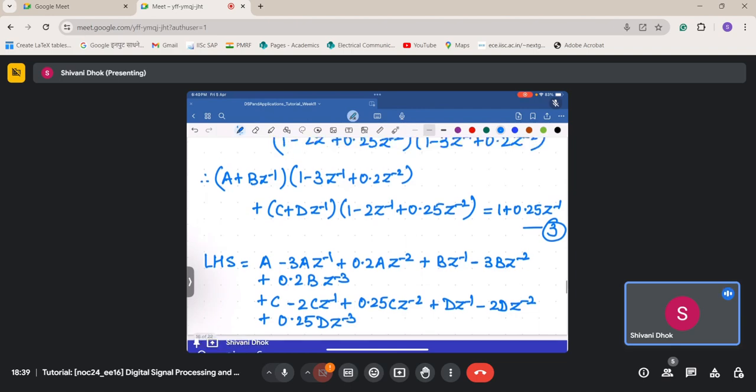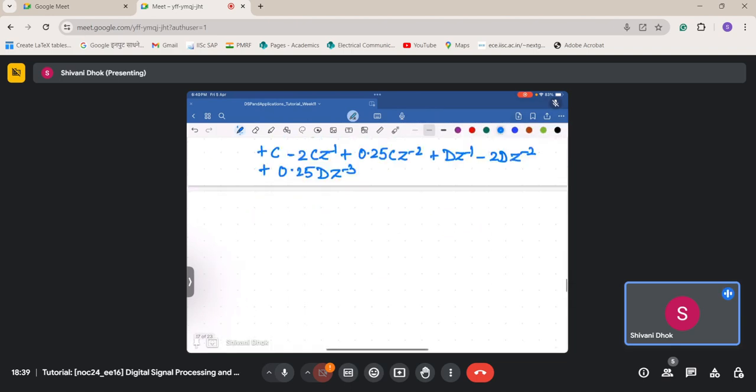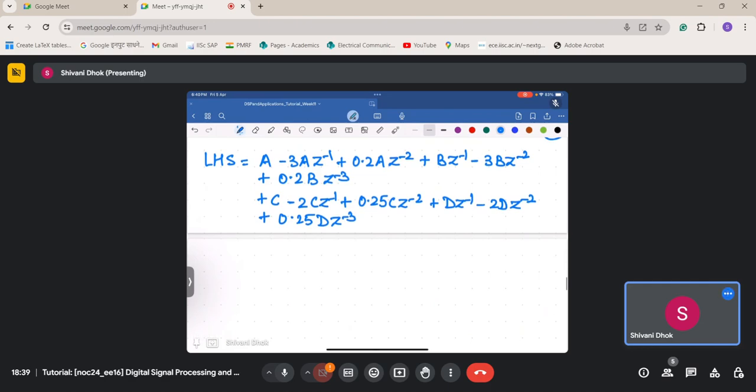So now we'll combine the coefficients of all the powers of z inverse and constants. For constants we have a and c, so this is equal to a plus c. Then we have z inverse.